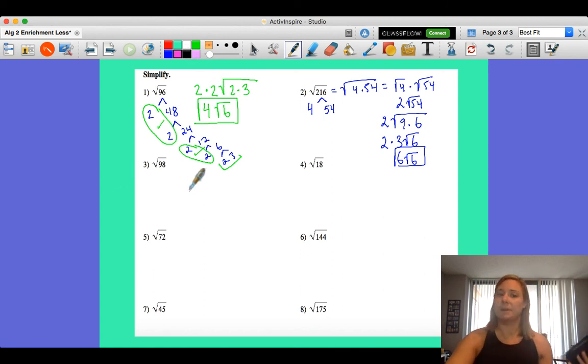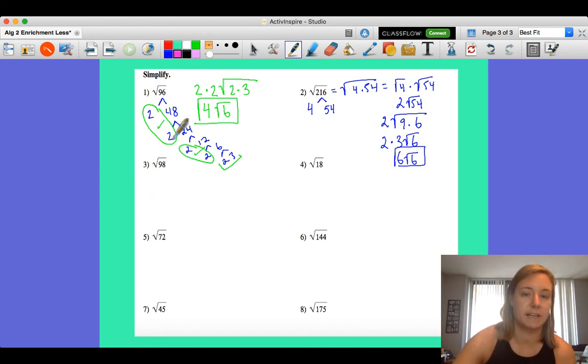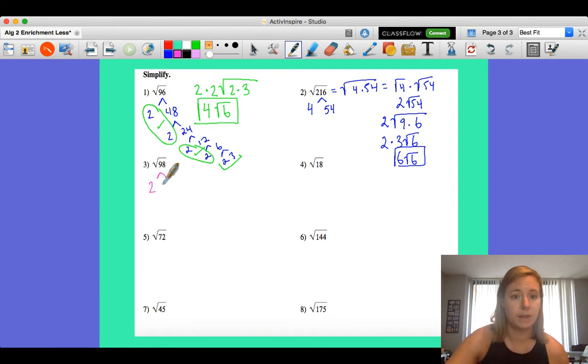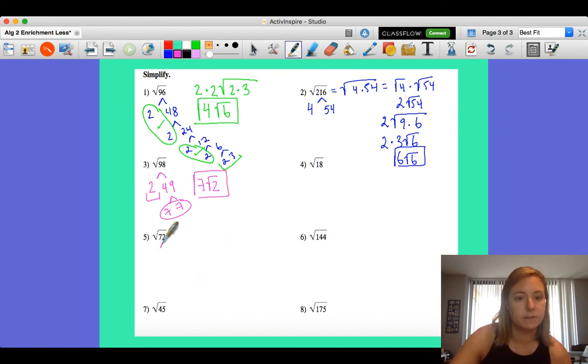Okay, I'm going to finish these up, and I would encourage you guys to pause it and try it on your own. So 98 divided by 2, I get 49, and oh, isn't 49 a perfect square? So this is 7 and 7. There's a pair. So this is going to be 7 root 2. The 2's got nowhere to go. I'm going to keep going with those ideas. So 2 and 36.